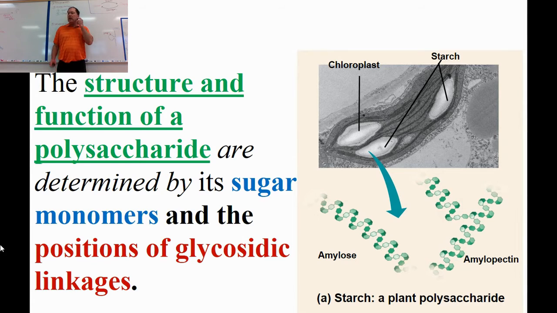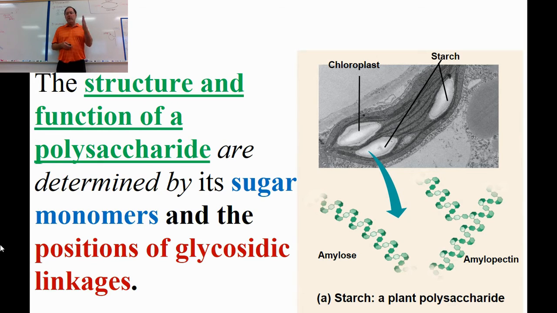You can see here a chloroplast that exists in a plant cell. The chloroplast is the flattened, thick green disc in the middle of that picture of that organelle, and starch can be created there.